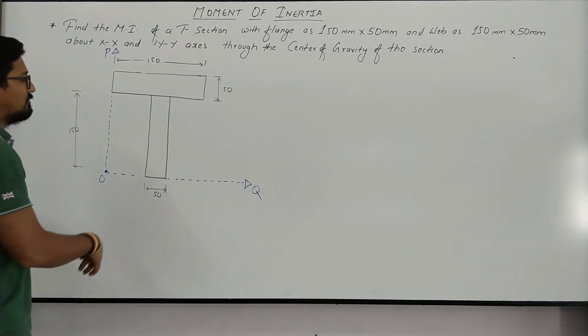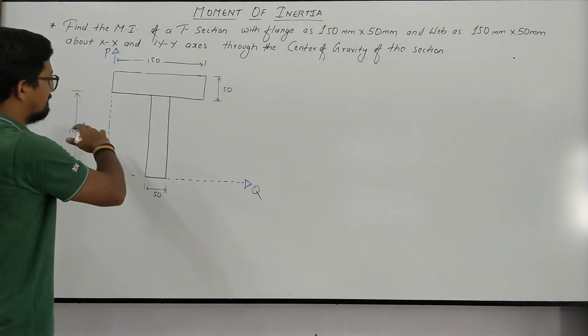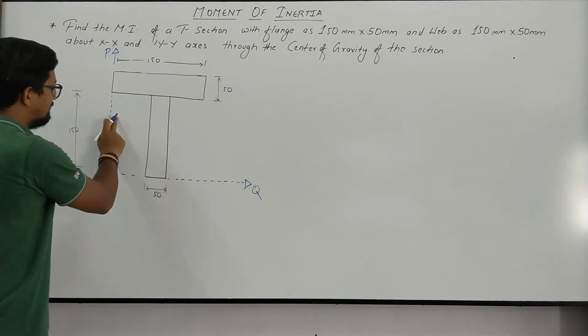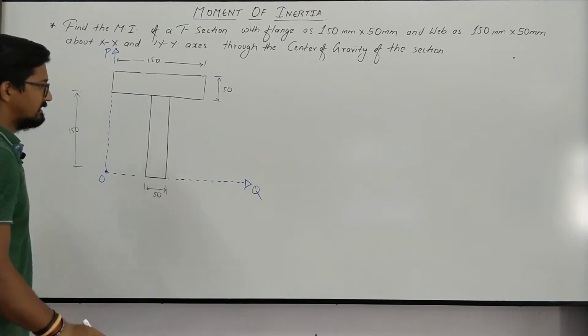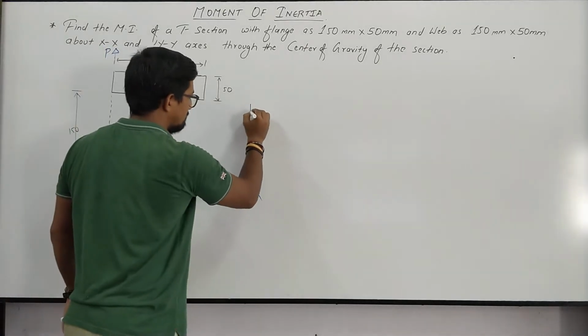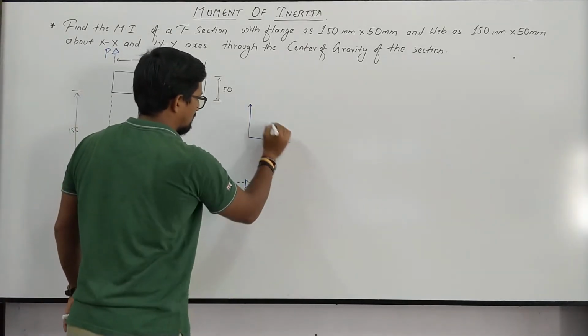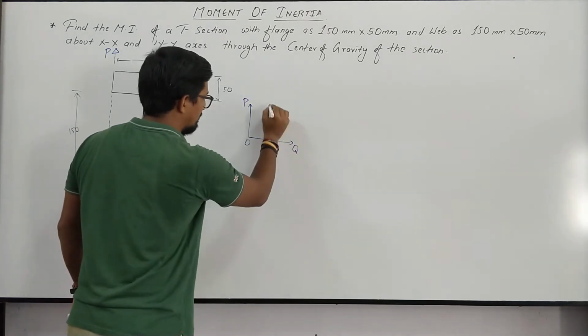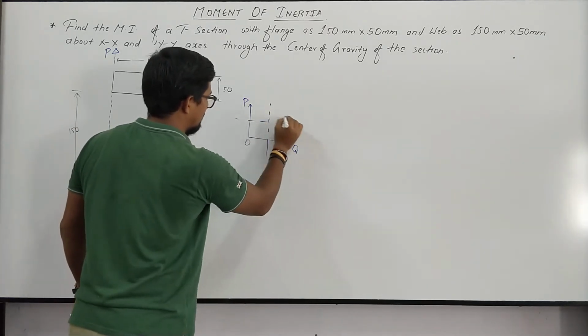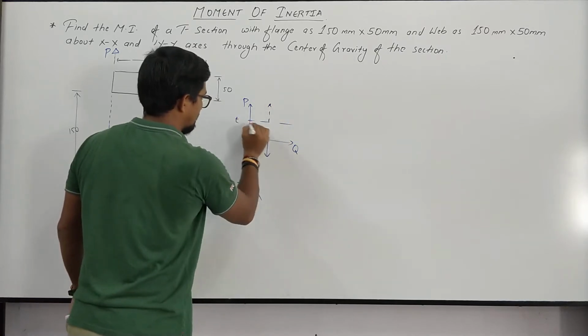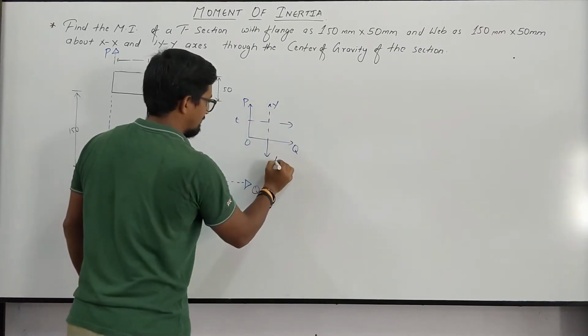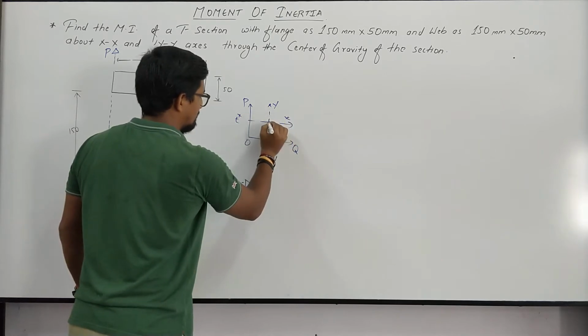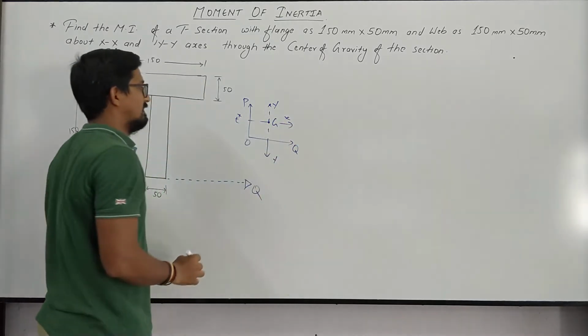Now we have to find the position of the xx and the yy axis with respect to this reference axis, correct? This is OP, this is OQ. This point is the CG of this figure.